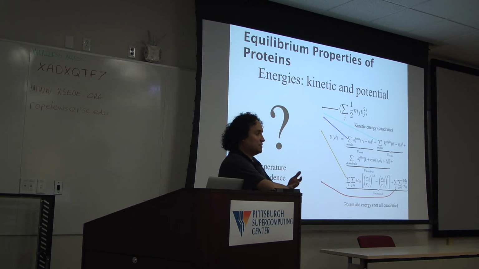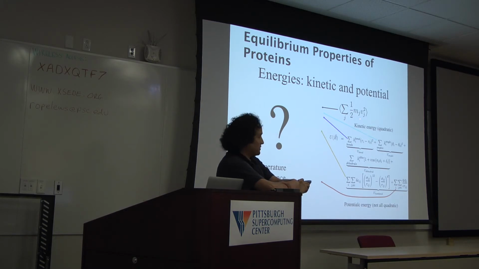So are we expecting the kinetic energy to go quadratically, exponentially? If we increase the temperature, we're going to see an exponential increase on the energy. That's correct. How about this term here?